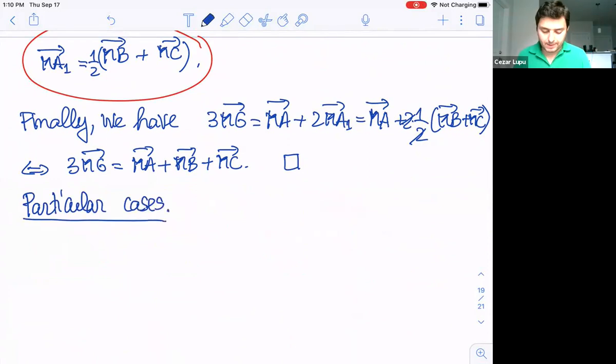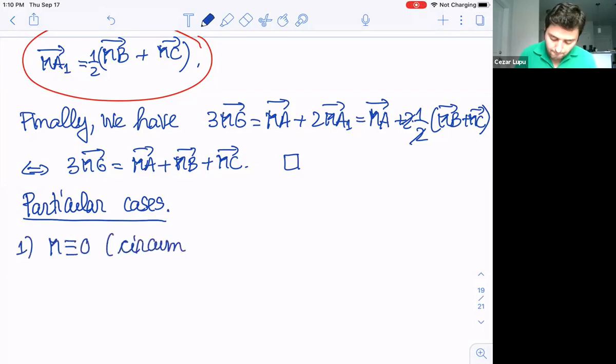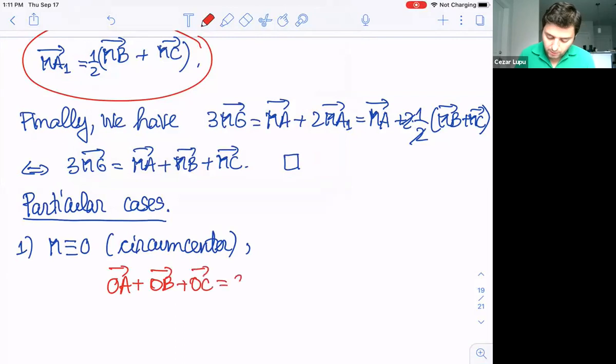For example, let's take M to be O. So O is the circumcenter. So we'll have that OA vector plus OB vector plus OC vector is 3OG vector.